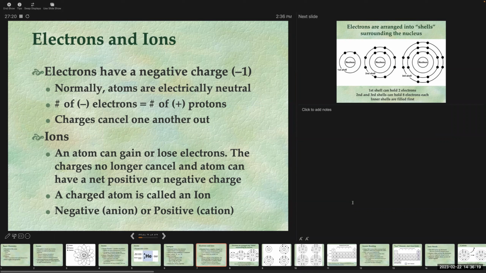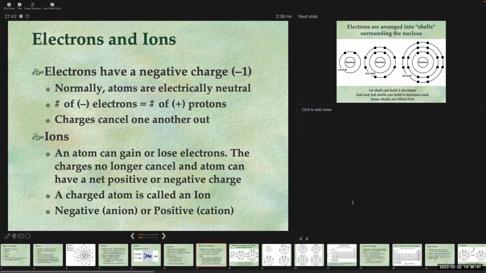So the electrons are orbiting around that nucleus, and each electron has a single negative charge, so a charge of -1. Whereas each proton has a single positive charge, or a charge of +1. And normally we think of atoms as being electrically neutral.